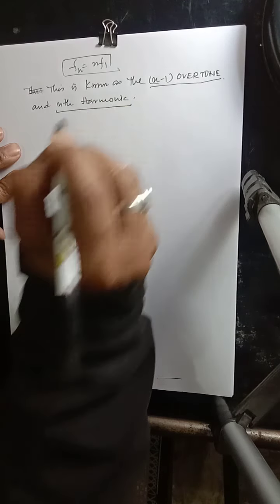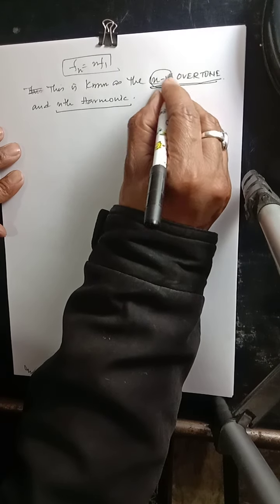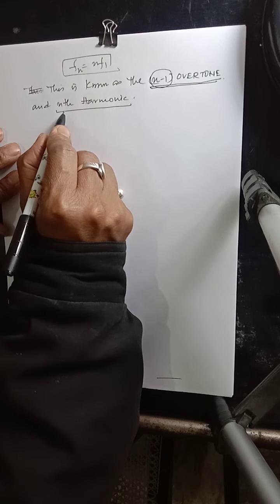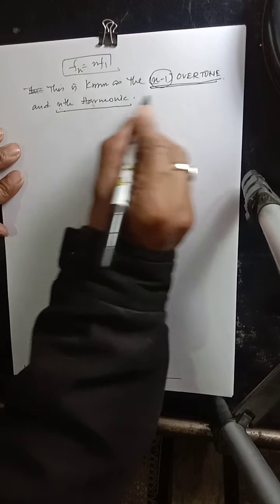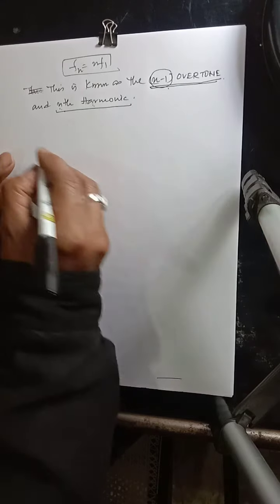What does it mean? It means the overtone value is less than 1 when we are getting the harmonic value. If we are finding out the frequency for the nth harmonic, that frequency will be for the n-1 overtone.